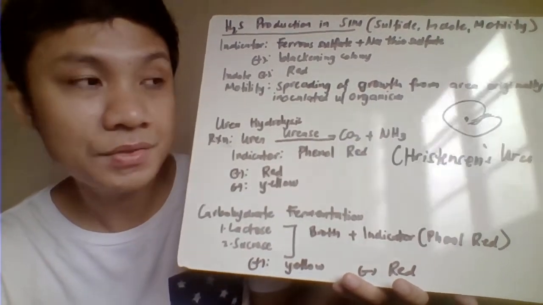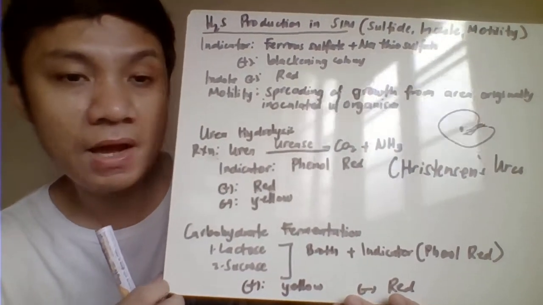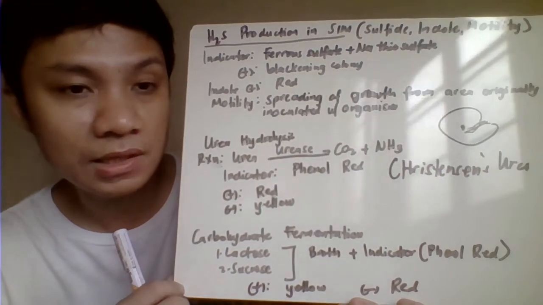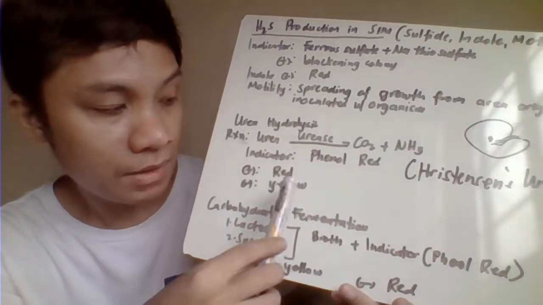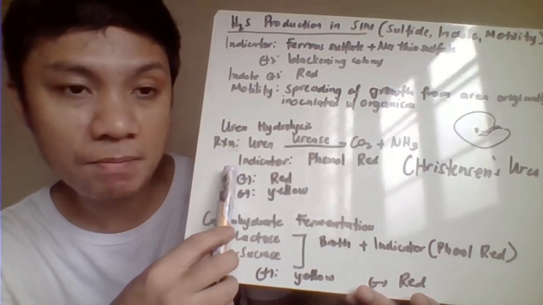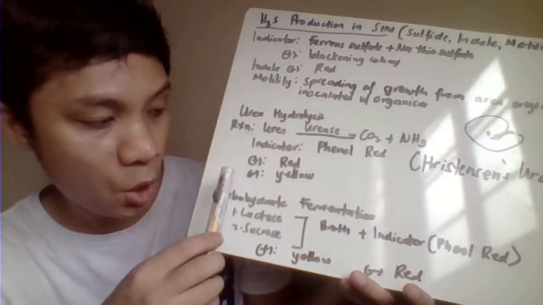So it contains urea. If your bacteria contains the enzyme urease, it tries to hydrolyze your urea to carbon dioxide and ammonia. Indicator for that, we have your phenol red, positive result red, negative is yellow.